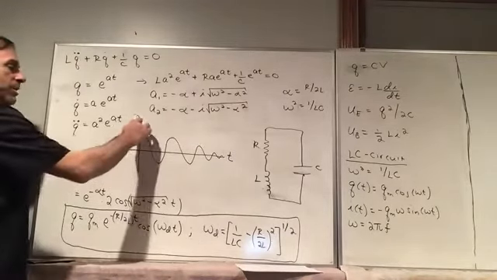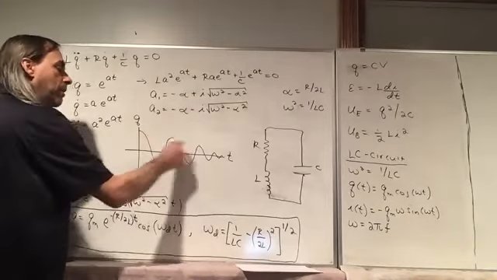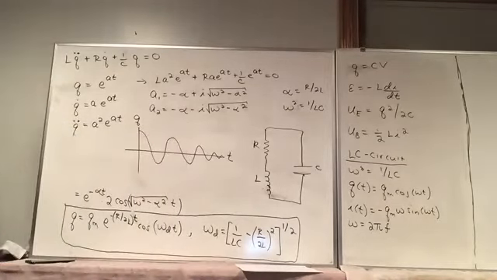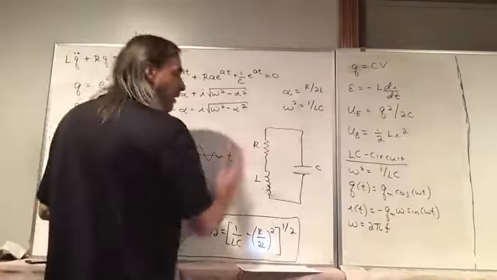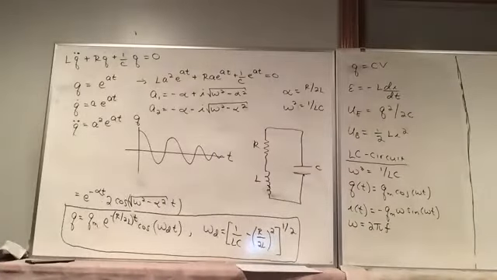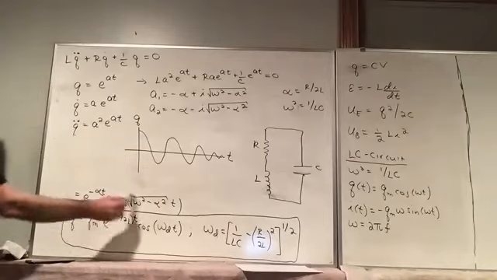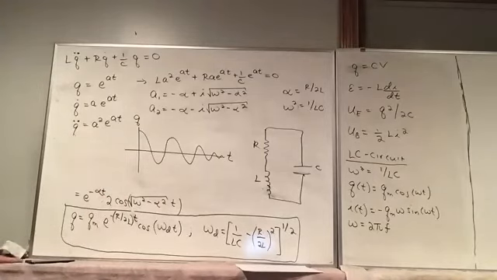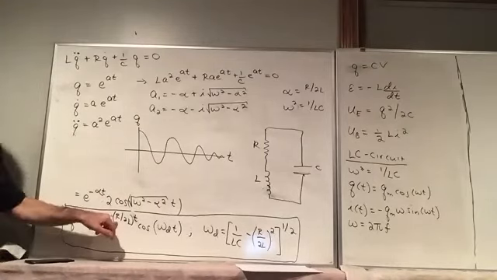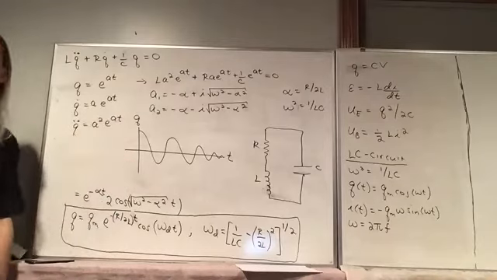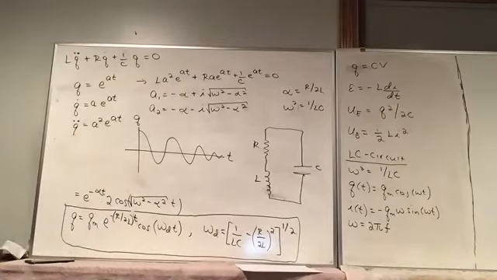And again, if R was 0, this would just be a cosine curve where every peak would go back to its original value. But because we're dissipating energy, the charge and the current are both going to dissipate. And so this here is this exponential decay, where the greater the resistance is, the more quickly it's going to decay. So this answer makes sense.